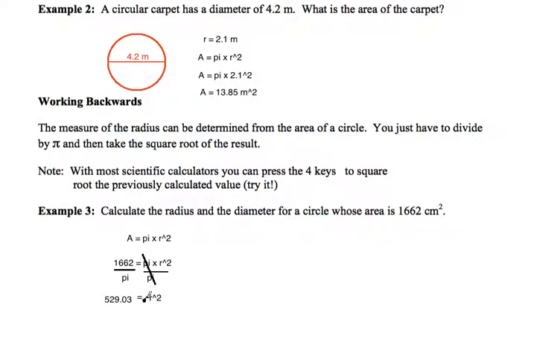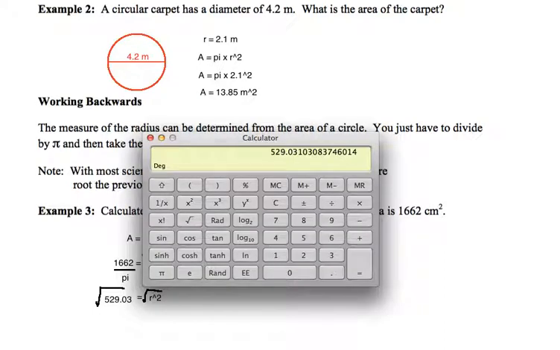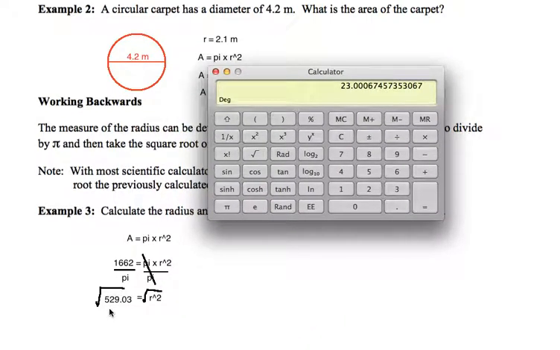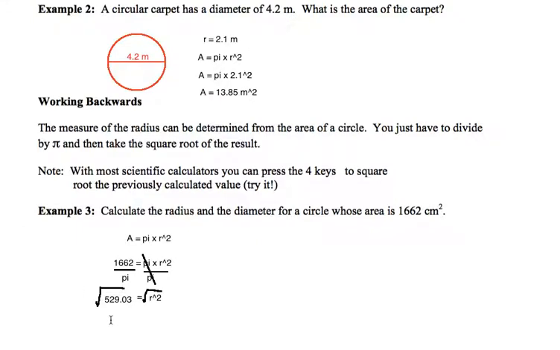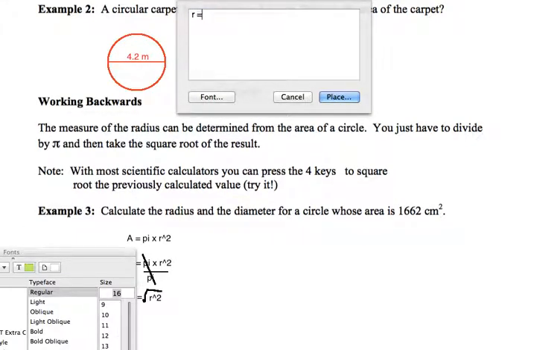So I'm going to square root r squared, because that will leave me with just r. And if I do that to the right side, that means I got to do the same thing to the left side. Let me square root 529.03. So I square root that, and I get, in this case, 23.0006. So even to the closest hundredth, I get 23.00. I can just write 23 centimeters as my radius. Radius equals 23 centimeters.